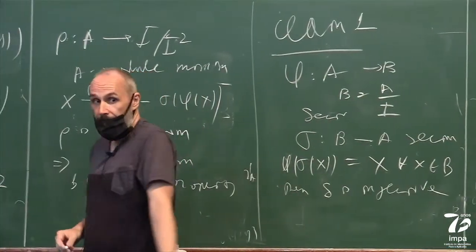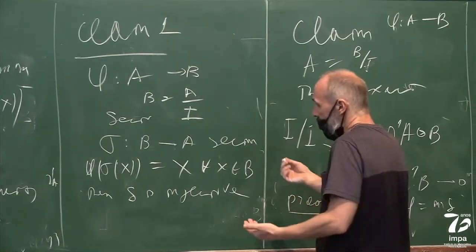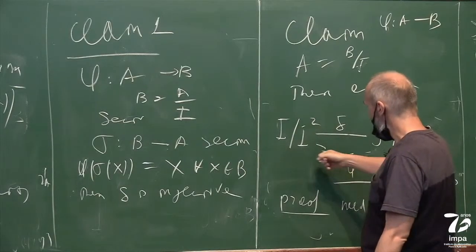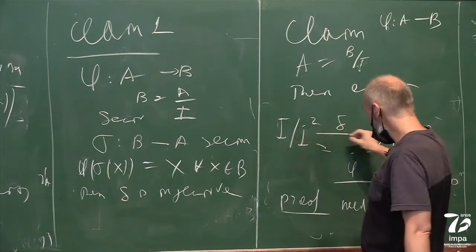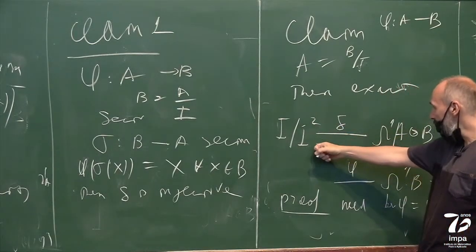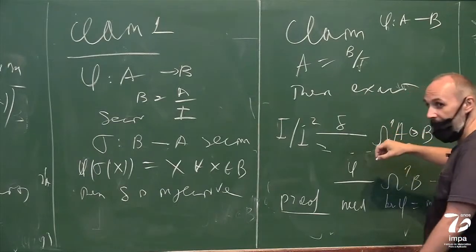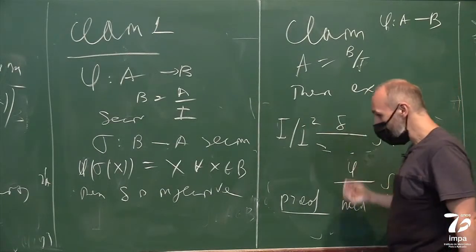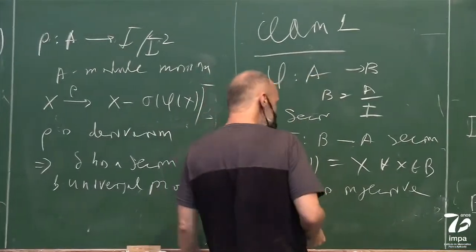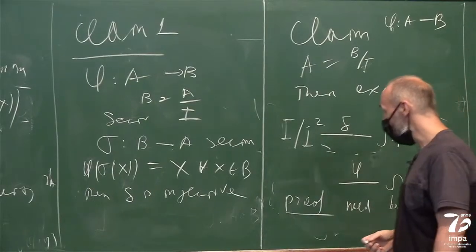And since it has a section, how does the section work? It takes x to x. So this derivation is just rho, but then rho times delta gives you identity, because this is how it is defined on the generators.